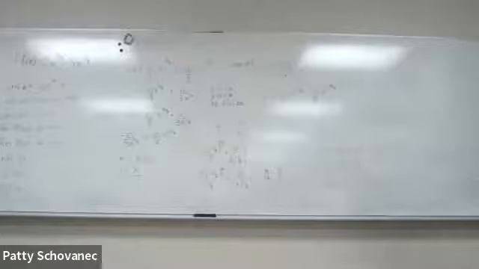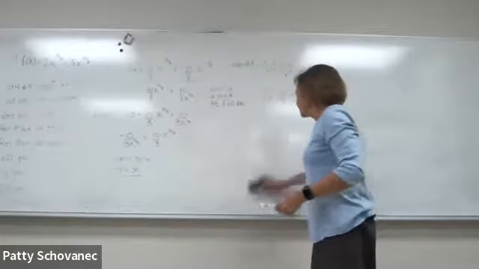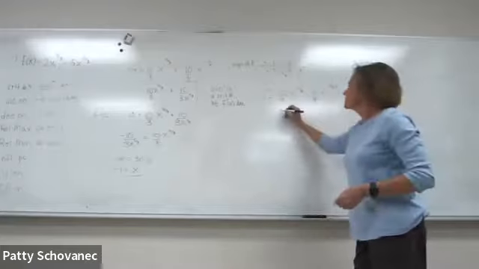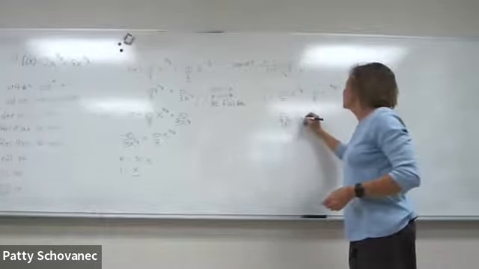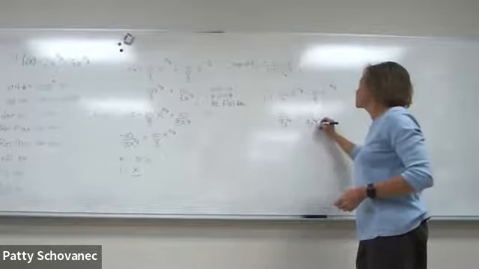We write that with positive exponents. Let's get my calculating out of the way here. This becomes 20/9 x to the 1/3 minus 10/9 x to the 4/3.